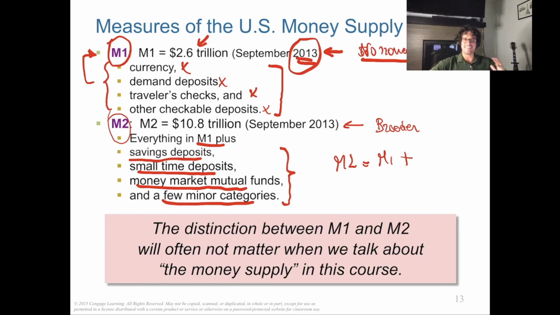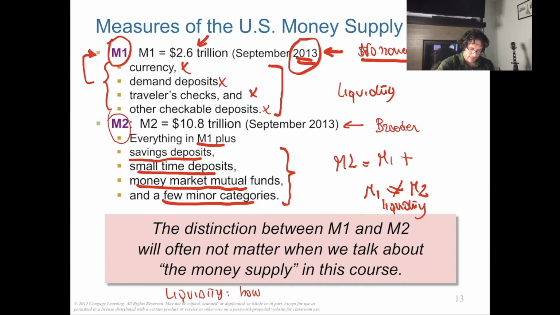So what is the criterion for distinguishing between M1 and M2? How do they differ? Something important is that they really differ on the liquidity of their assets.